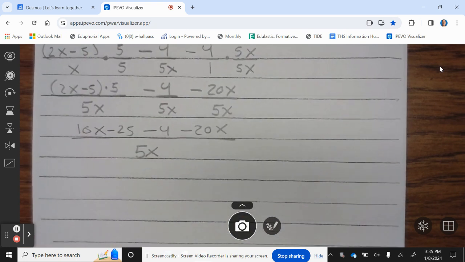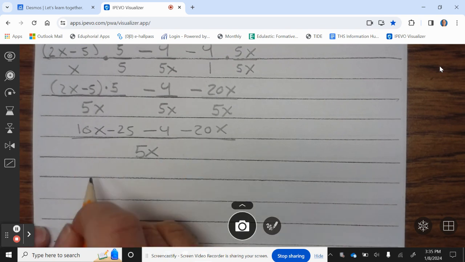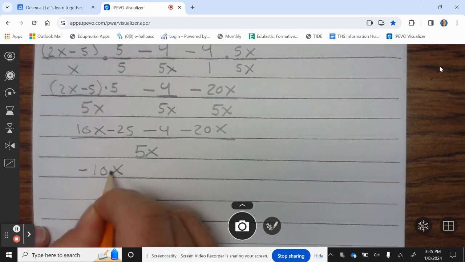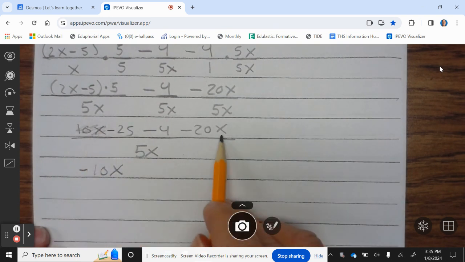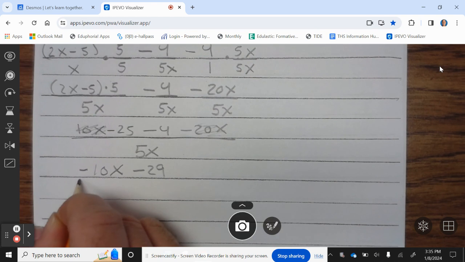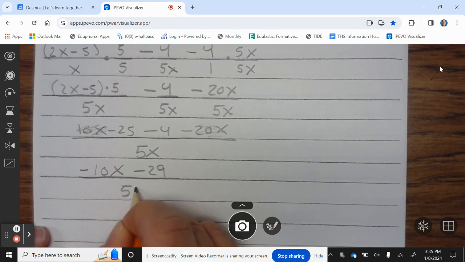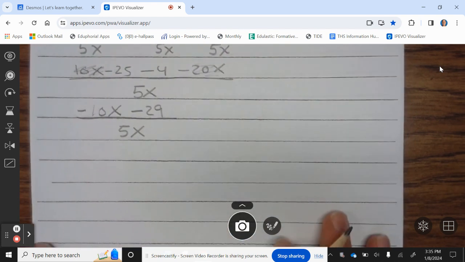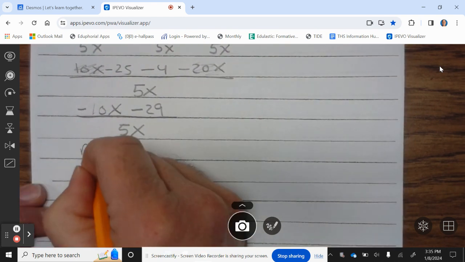Okay, so now we combine terms. 10x minus 20x is negative 10x. So we're done with that. Negative 25 minus 4 is minus 29 divided by 5x. Okay, so then restrictions.